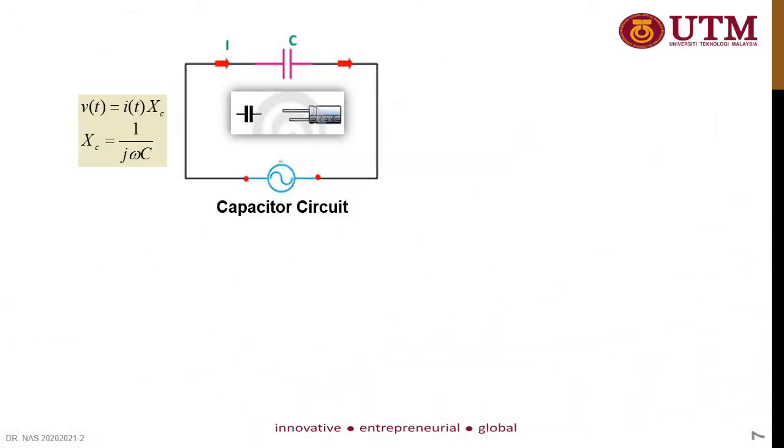Okay, let's have a quick recap in circuit theory. When you have a simple circuit like this, the voltage equation is equal to V(t) equals current I(t) multiplied with the impedance, in this case a capacitor. The capacitor is equivalent to 1 over j omega C, and in Fourier series the omega will be different for different harmonic numbers.